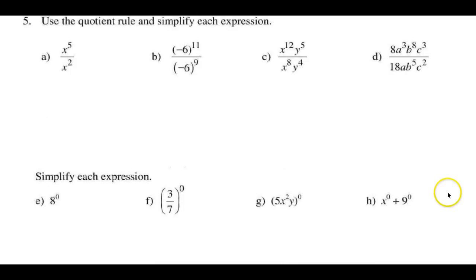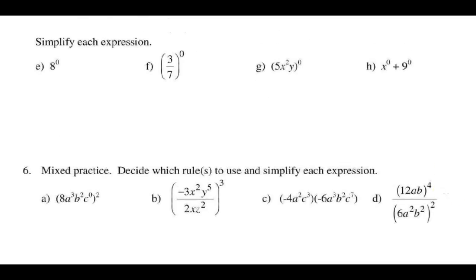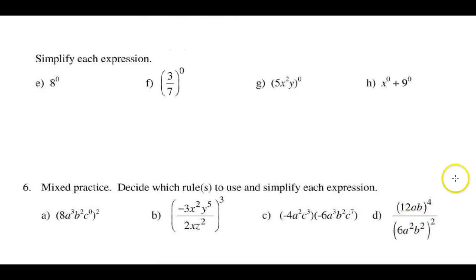Now in this next part, we're going to take a look at bases to the 0 power. And it's relatively easy, but could be a little tricky. So 8 to the 0, anything to the 0 we said is 1.